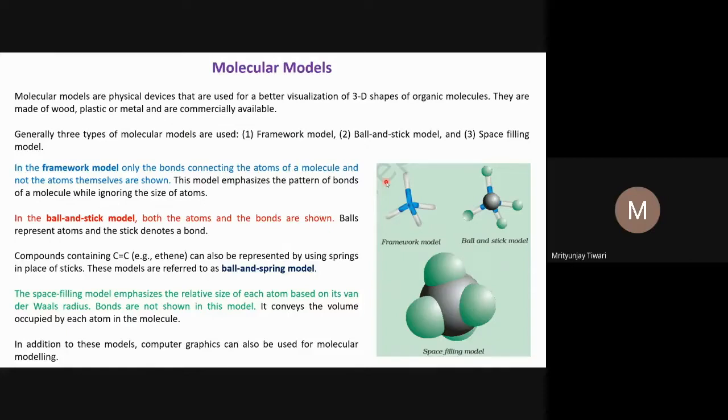So molecular models have been used to understand the three-dimensional structure of organic compounds, and the three most famous molecular models are the framework model, the ball and stick model, and the space filling model. Out of these three, the ball and stick model is more commonly used all over the world.